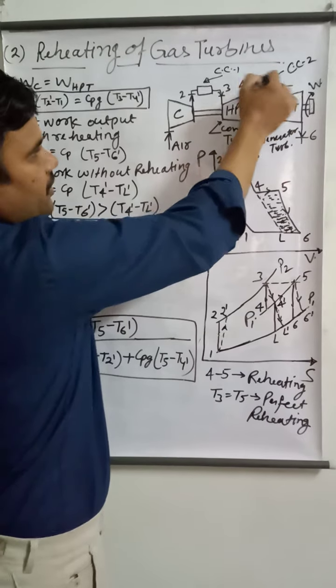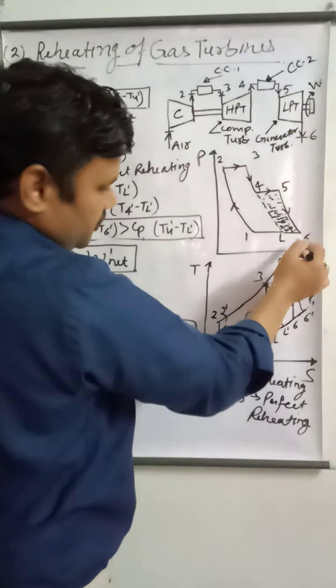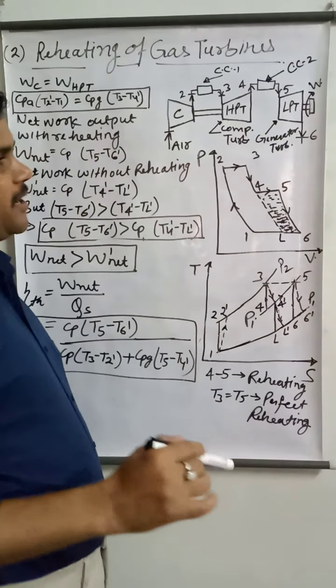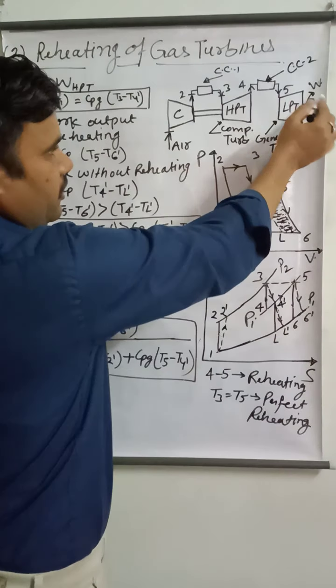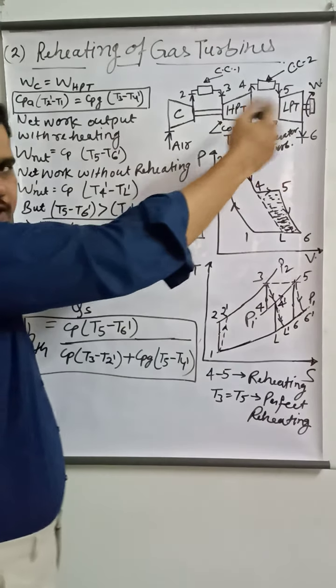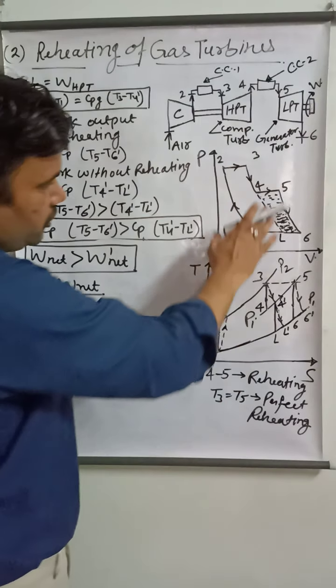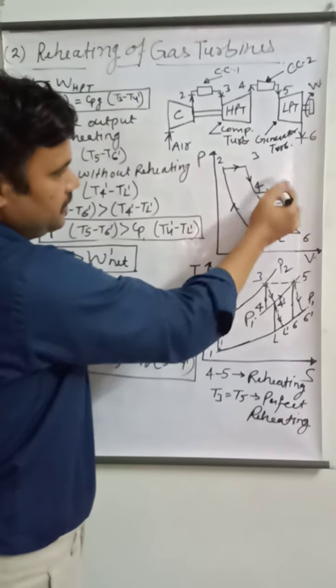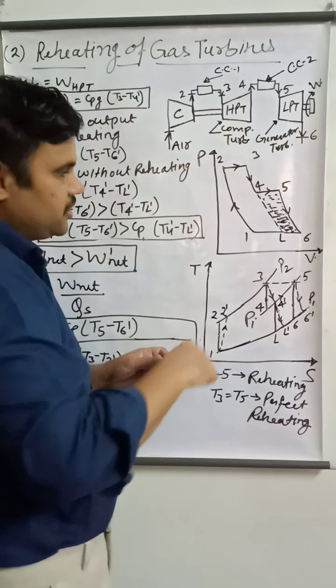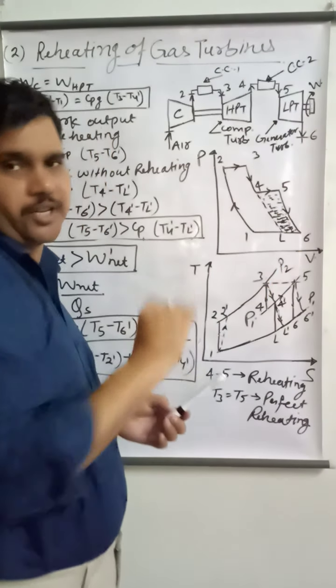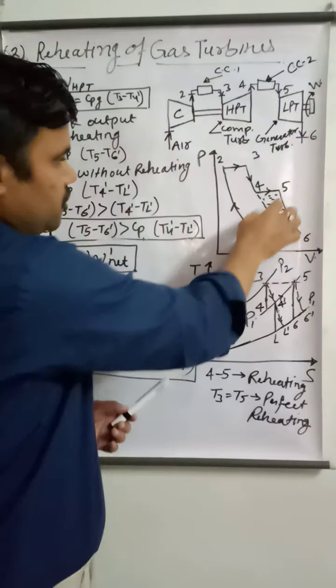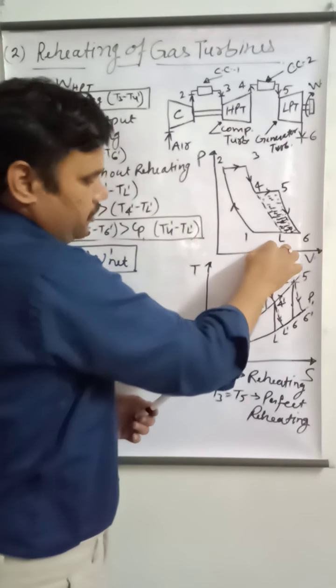Next 5 to 6 expansion in the low pressure turbine, and we will get here output which can be used for further process in the generator, right? So this much amount of work is obtained due to reheating, right? This much, 4, 5, 6 area, right?